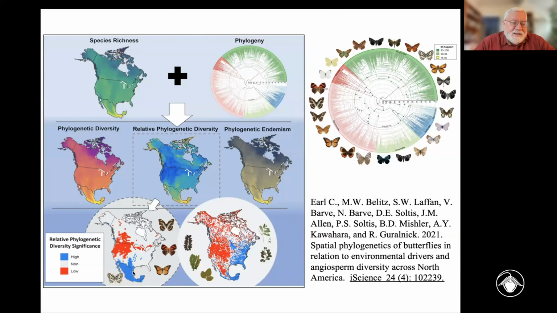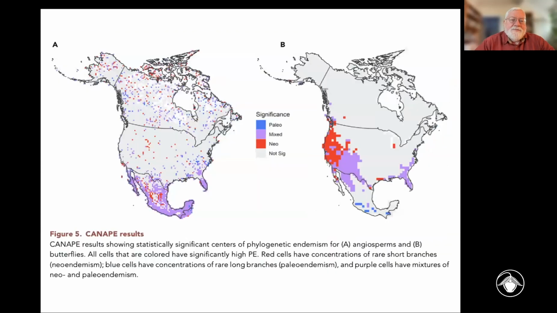With the butterflies, the long branches are all down through Mexico, and up in the northwestern US and up into Canada, sort of drier areas are where the short branches are, indicating potentially where there's diversification happening. So it was interesting in the fact that the patterns didn't match very well.